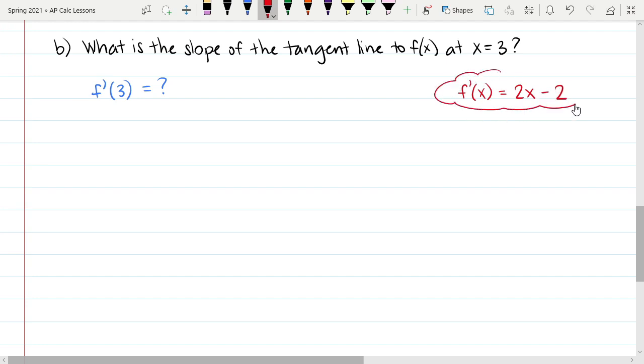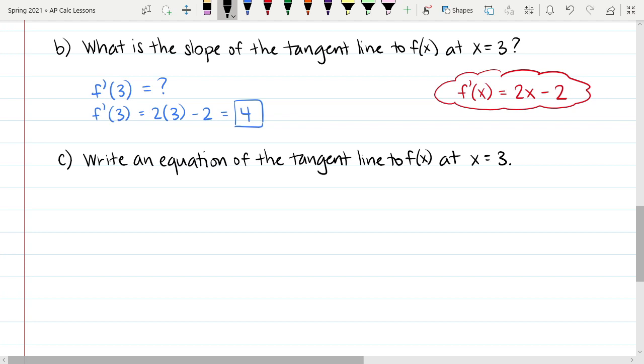This is the derivative that we just found in part A. So for part B, to find f prime of 3, we're just going to substitute into our derivative. So I'm going to have 2 times 3 minus 2, which is 6 minus 2, which gives us 4. So the slope of the tangent to the original function f at x equals 3 is 4.